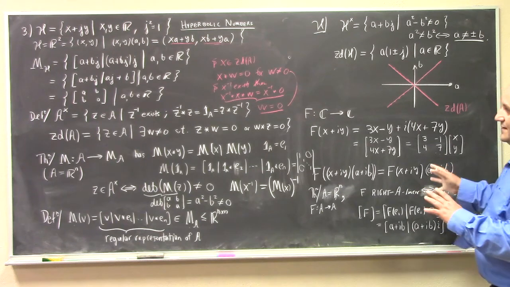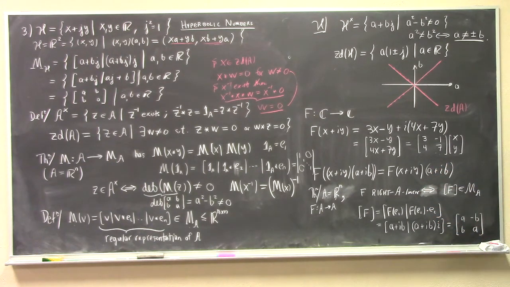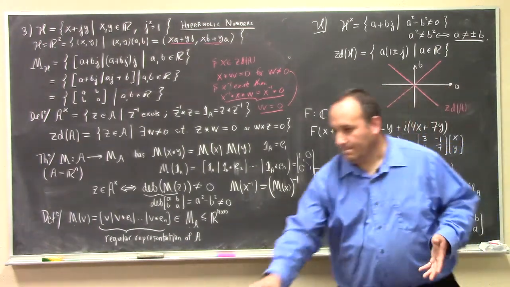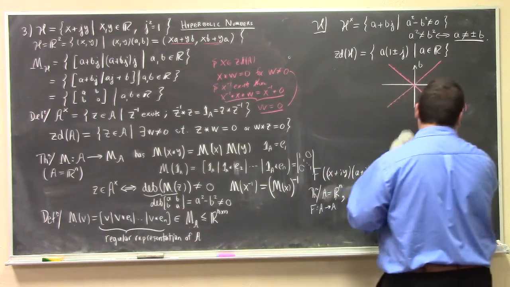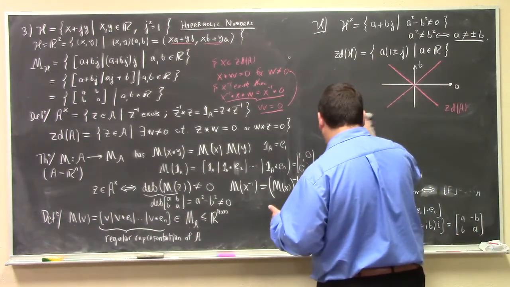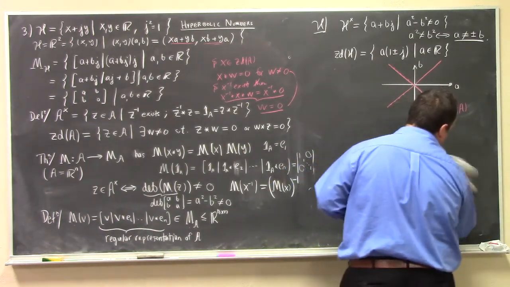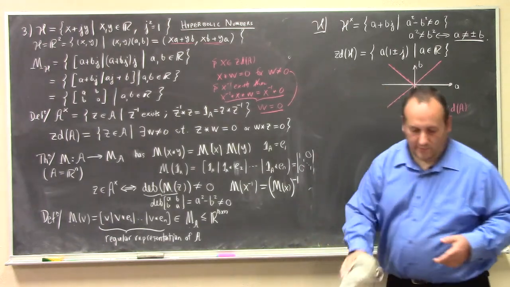Now, all of this said, you know how to find inverses in complex number systems, right? We do the conjugation trick. That still works here.